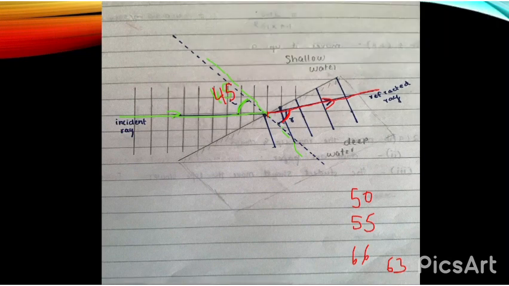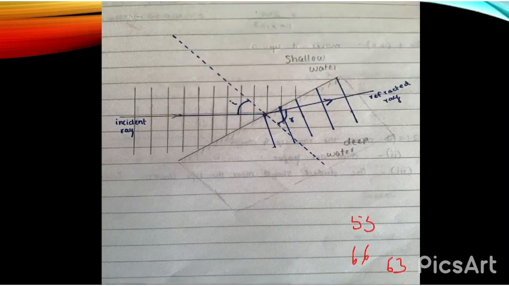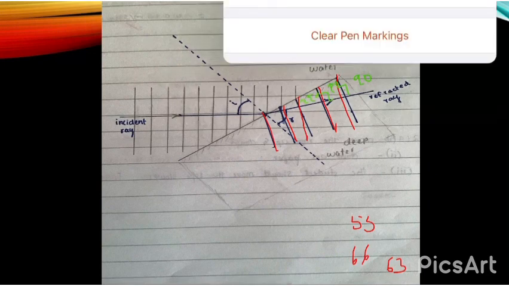And then you need to draw the refracted wave fronts. Now the wavefront should always be perpendicular to the refracted ray. So make sure the wavefronts are 90 degrees. So now when you see, this is 90 degrees, this is 90 degrees, 90 degrees. So it should be equal.